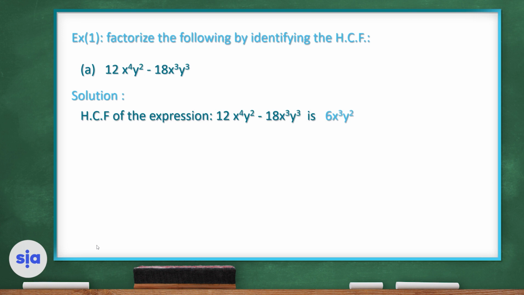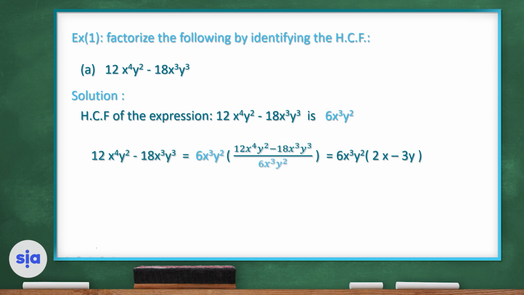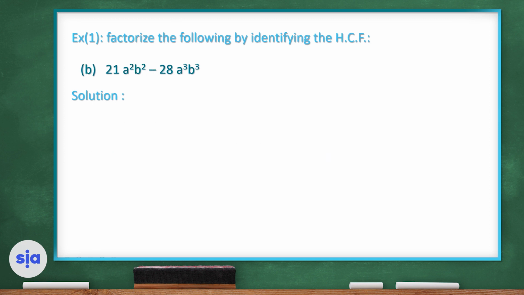The y is there in both, we take it by the smaller power, y power 2. So 12x power 4y squared divided by 6x cubed y squared will be 2x, and 18x cubed y cubed over 6x cubed y squared will be minus 3y. So here is the factorization of this expression by using the HCF.